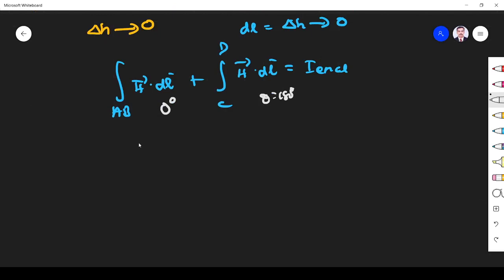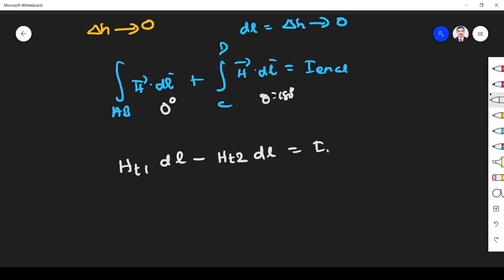H dot dl is Ht1 dl cos 0 for AB. For CD, it is Ht2 dl cos 180, with a minus sign, since CD is at the bottom.